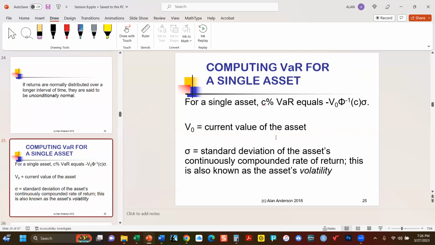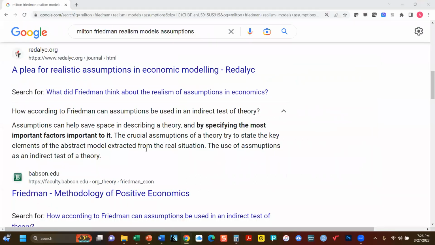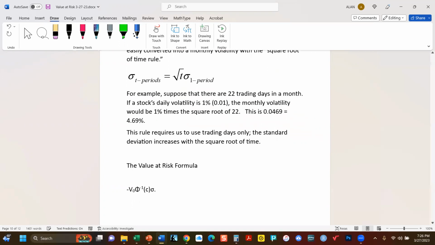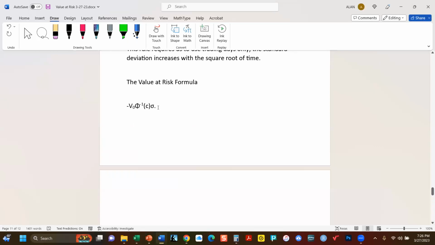Now, it's a surprisingly simple formula. So let's copy this into this document for a second. You look at this and say, no, there's no way it could be that simple.